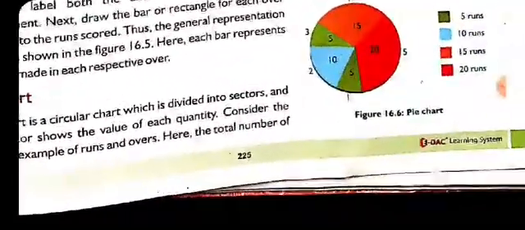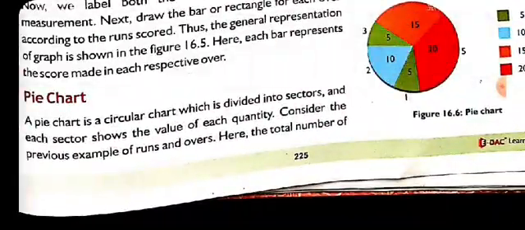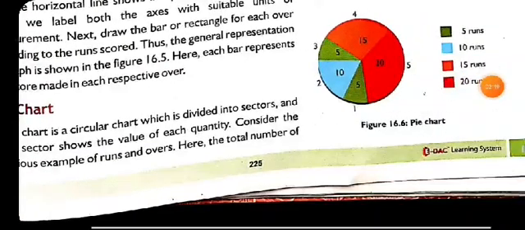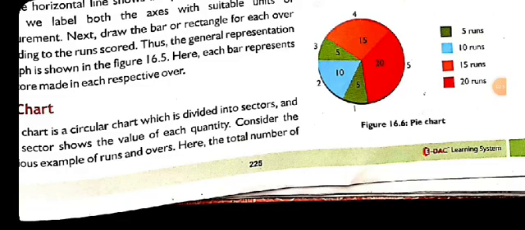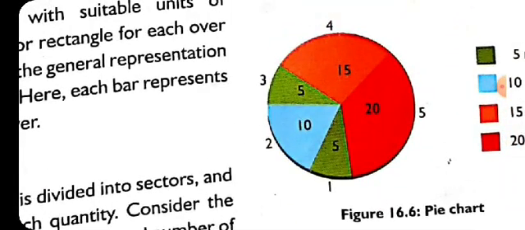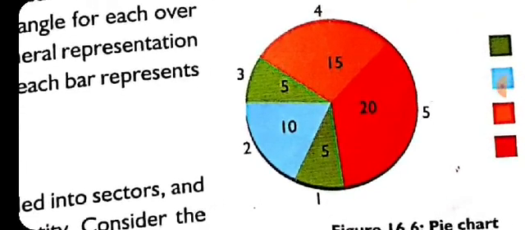Next is the pie chart, beta. It is in the form of a circle, and this circle is divided into some sectors according to our independent quantity, like overs. We have taken 5 overs in the table, so 5 sectors will be there.